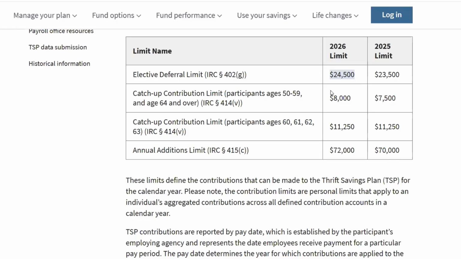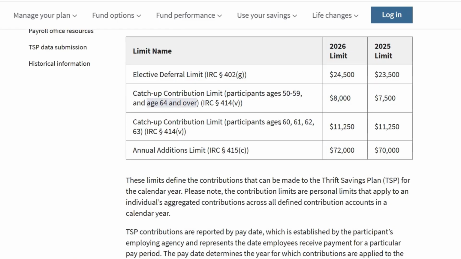So very important there. Anybody who is eligible for catch-up contribution, so that's an employee who's over the age of 50, can at least contribute 8,000. But you can see here, this catch-up contribution limit is for employees age 50 to 59 and age 64 and older. Very, very key.